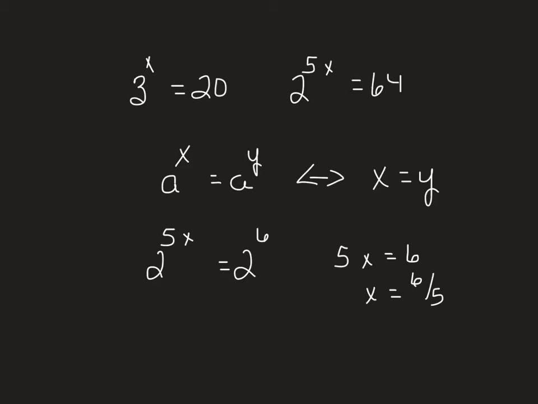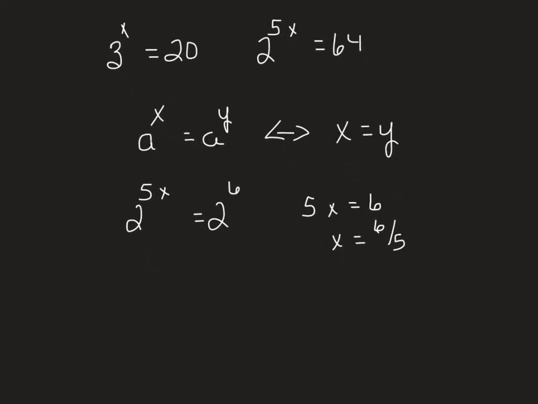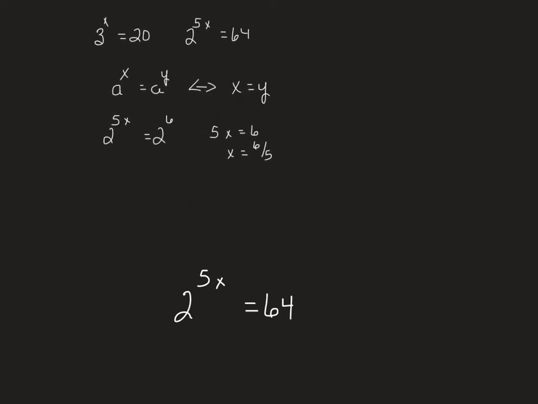Using that same idea, we can go back and look at the equation 2 to the 5x equals 64. And using the idea that if we have the same base, it's true if and only if the exponents are equal to each other, I can rewrite 64 as a base of 2.